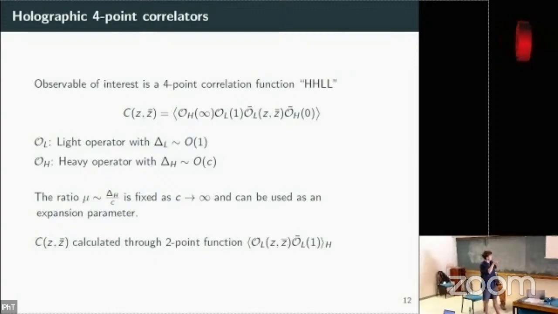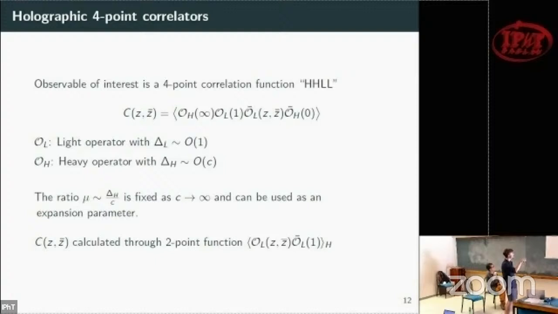And the language just means this different scaling of the dimensions of these operators. So as Rodolfo mentioned, we have in the AdS story these two different dimensionless parameters that we can expand in, and therefore we can play a bit more.